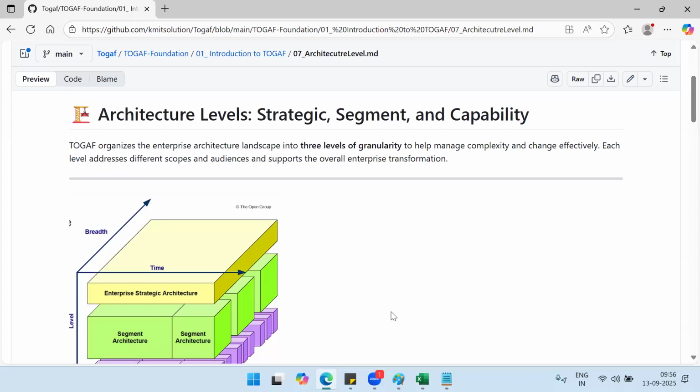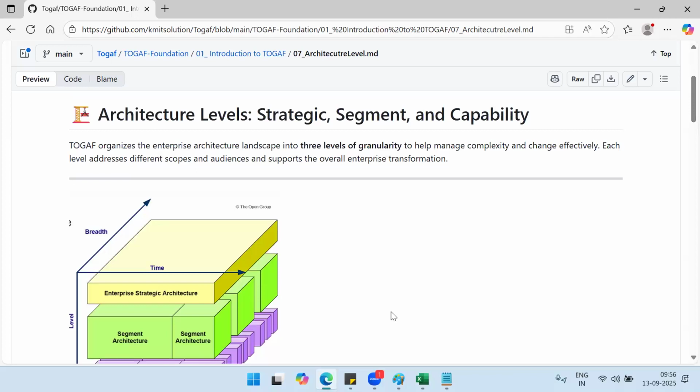So that is the capability architecture. Who will be involved in this? It will be solution architects, project teams, team leads. So you are developing an application for loan applications, and that will come under the capability architecture. Example: designing the architecture for a new AI-based fraud detection system as part of the banking segment's digital transformation.